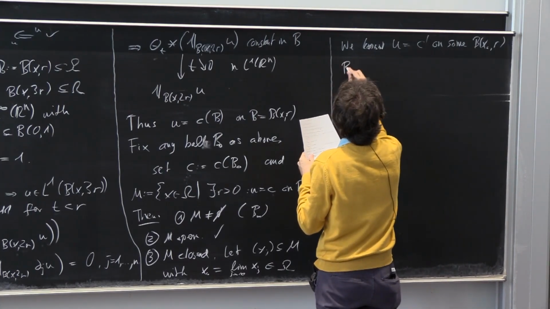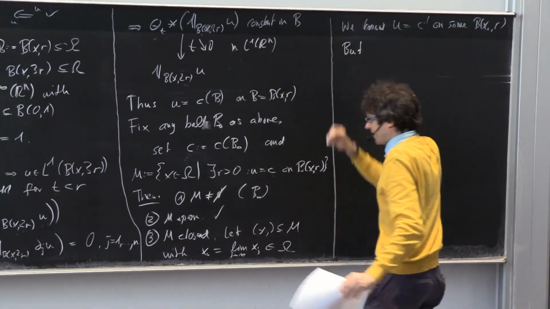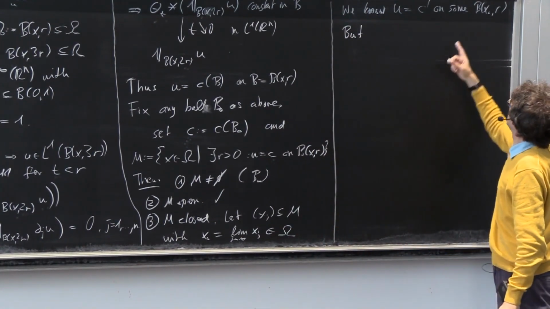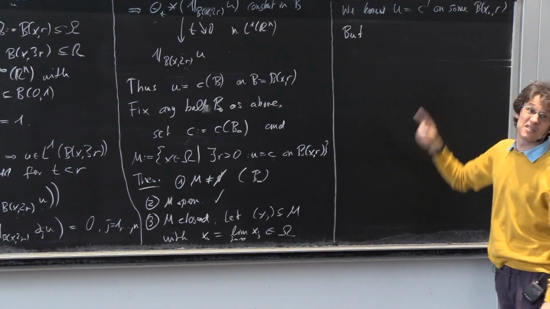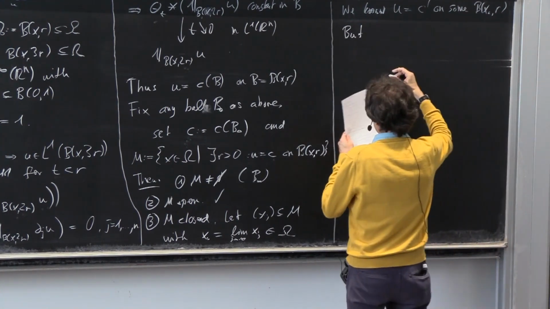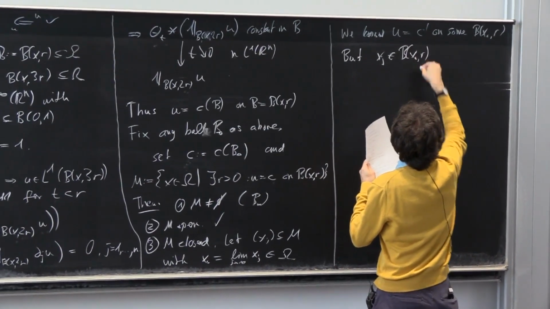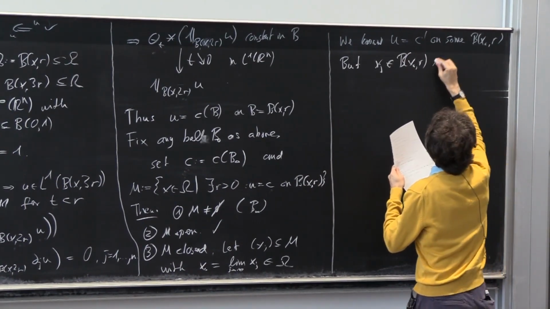But now the nice thing is that this sequence xj converges to x0. So at some point, our sequence must get into this ball. So for j large, we know that xj is in this ball around x0 with radius r.